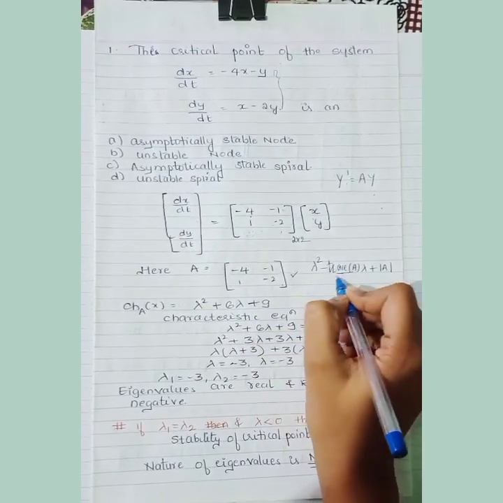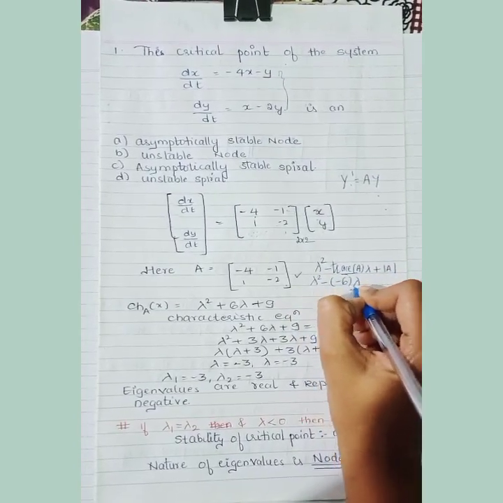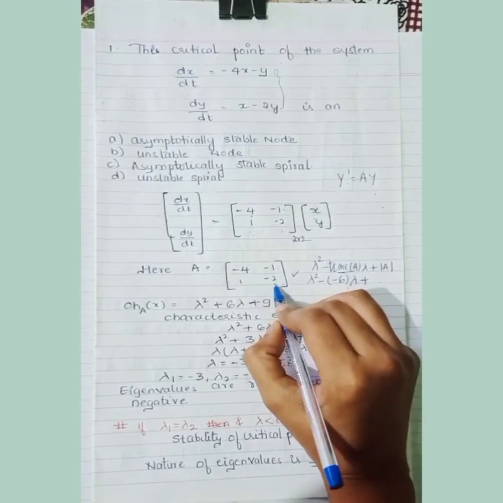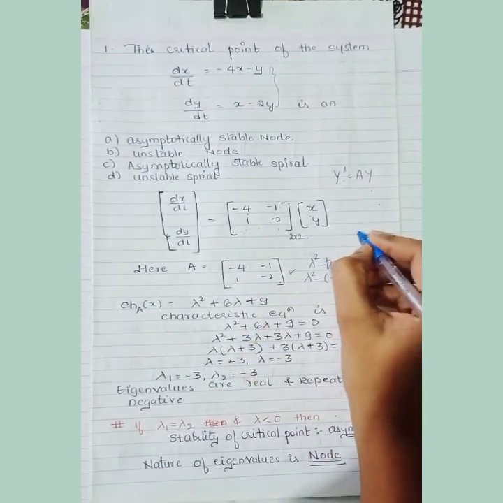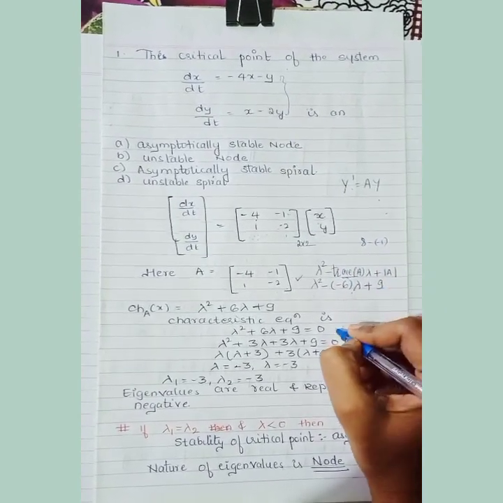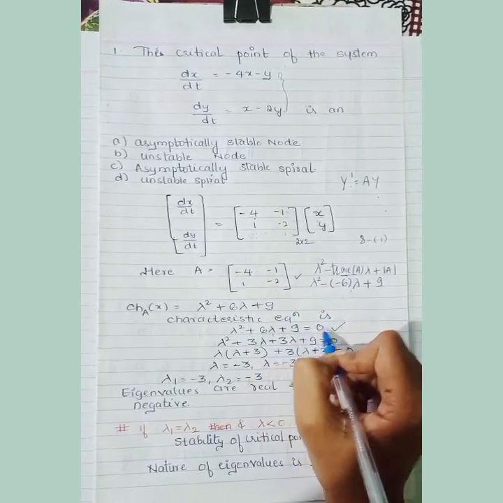So lambda squared minus (-6) lambda plus determinant. What will be the determinant? 4 into minus 2, it will be -8, and -8 minus of minus 1, it will be plus 9. So the characteristic equation will become lambda squared plus 6 lambda plus 9 equal to 0.